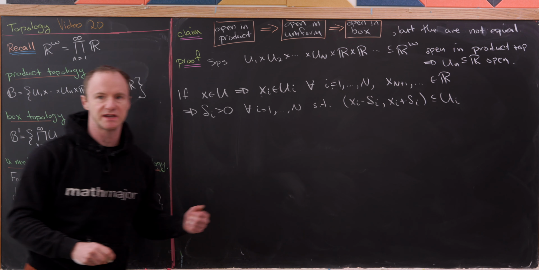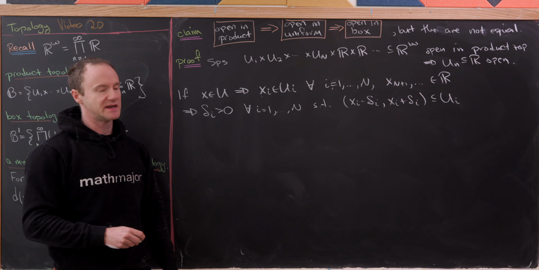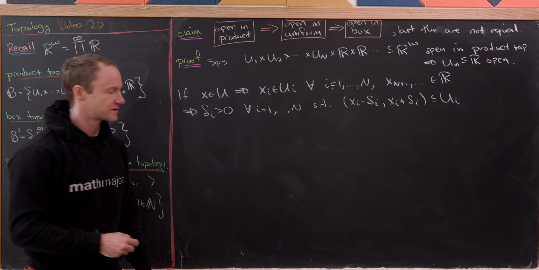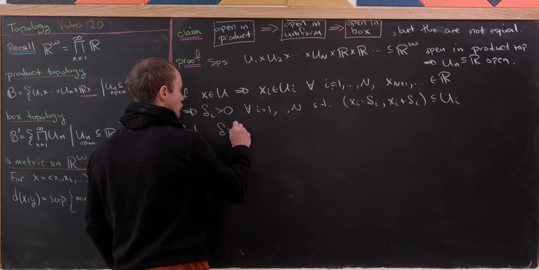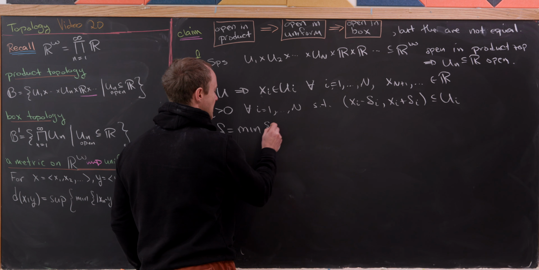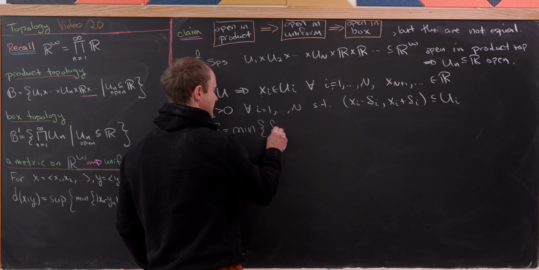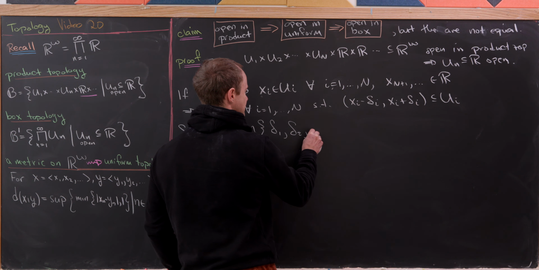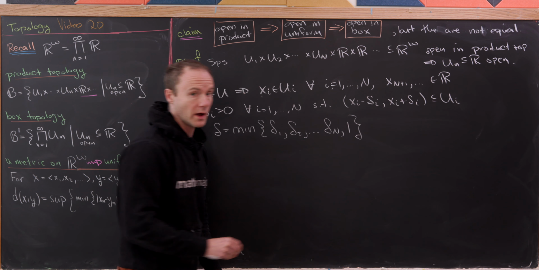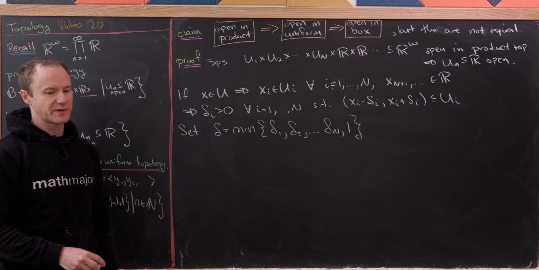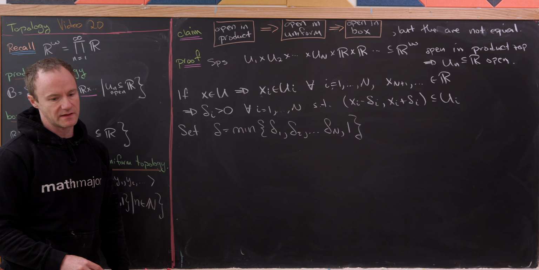So there we're just using the definition of openness in the real numbers. Okay, so now what I want to do is set just normal delta equal to the minimum of delta_1, delta_2, up to delta_n, and the number 1. So you will see that it'll be important to put the number 1 in there.